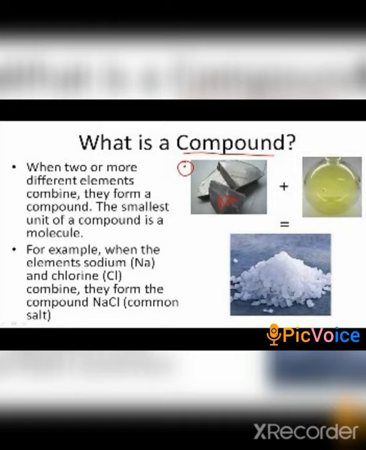So, common salt is not a mixture, it is a compound which is a new product being formed after the combination of sodium and chlorine.